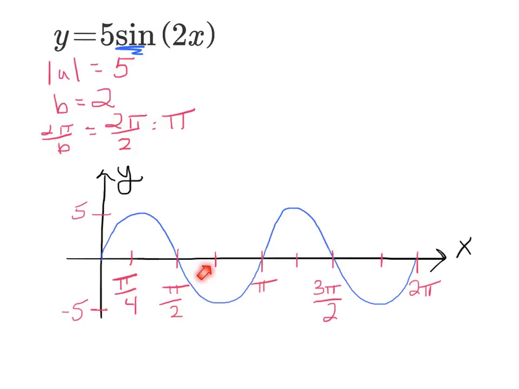But what I kind of like to do is just count. We know that we've got 1 pi over 4. This is 2 pi over 4, so this must be 3 pi over 4. Then 4 pi over 4. Next is 5 pi over 4. 6 pi over 4. 7 pi over 4.